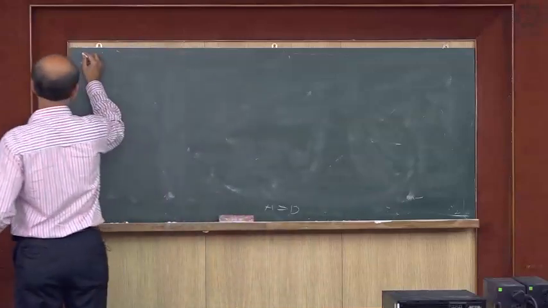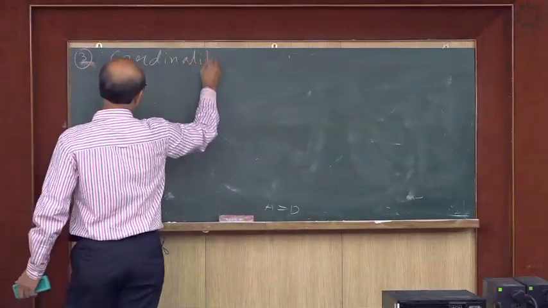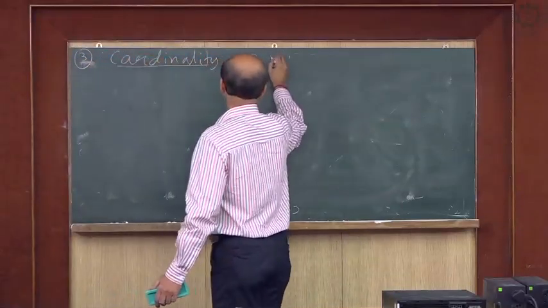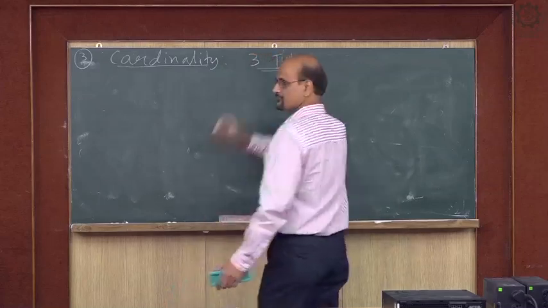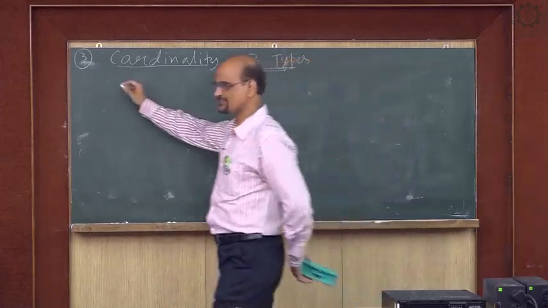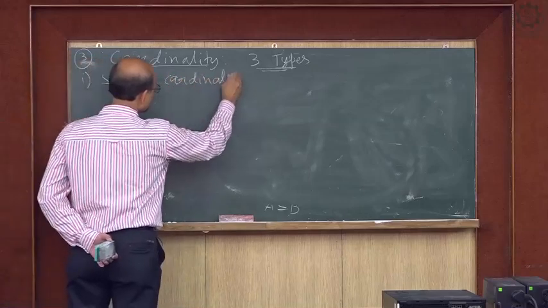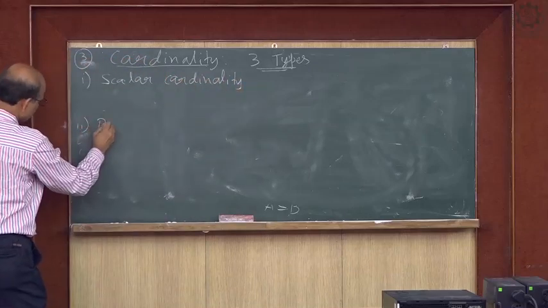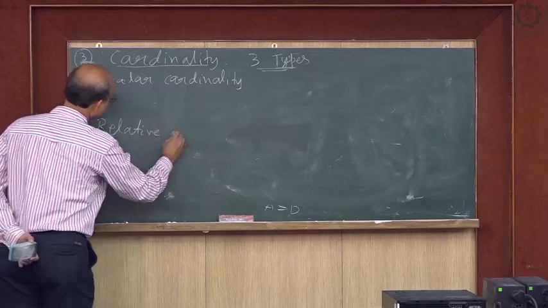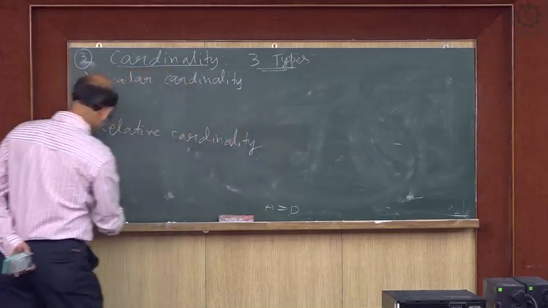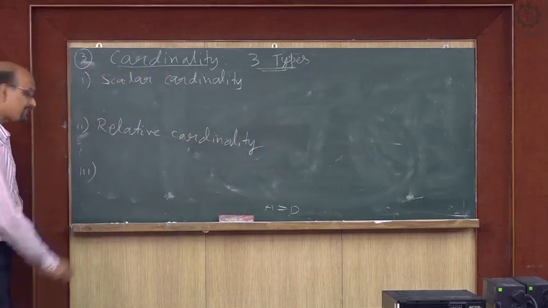So, cardinality. So, here we have three types of cardinality. First one is known as scalar cardinality. Second is relative cardinality, and third one is fuzzy cardinality.